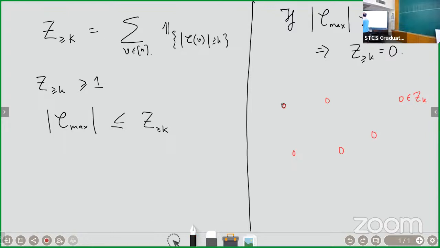It's much simpler than doing anything wrong. Okay, so Z_k is less than or equal to Z_{k+1}. So where does c max sit in this chain? To the right or to the left? Somewhere to the right, by definition. So why isn't that sufficient to prove this?